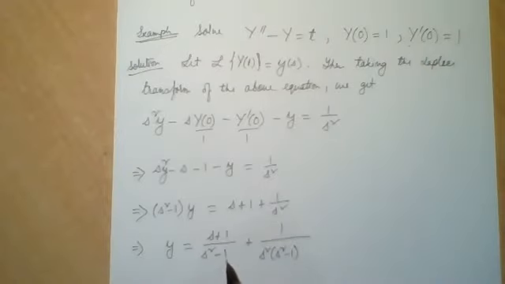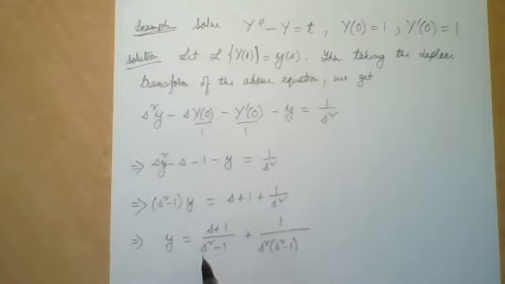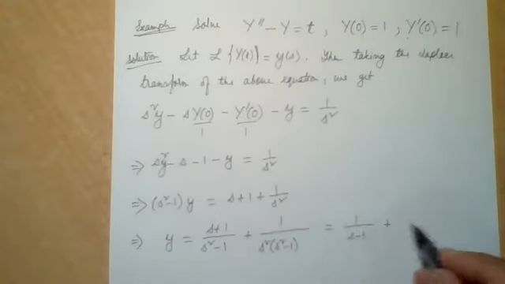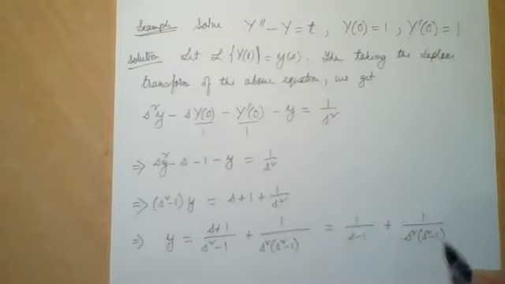This s square minus 1 can be written as s plus 1 whole into s minus 1. So s plus 1 will cancel with the numerator. What remains will be 1 by s minus 1. So this is 1 by s minus 1 plus 1 by s square minus 1.